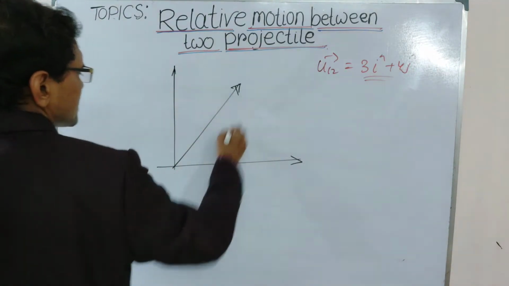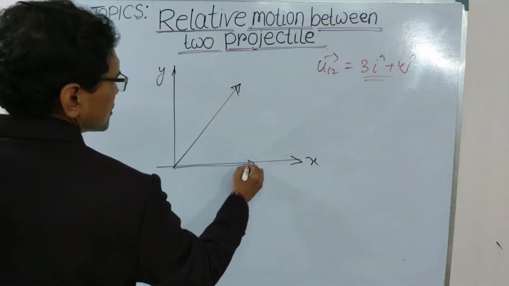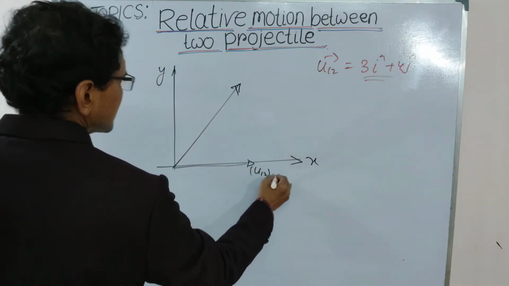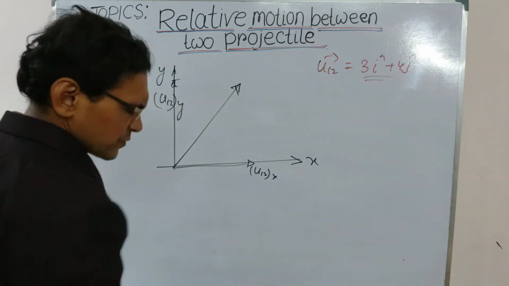Suppose this is the x-axis and y-axis, and this is u12x and this is u12y.